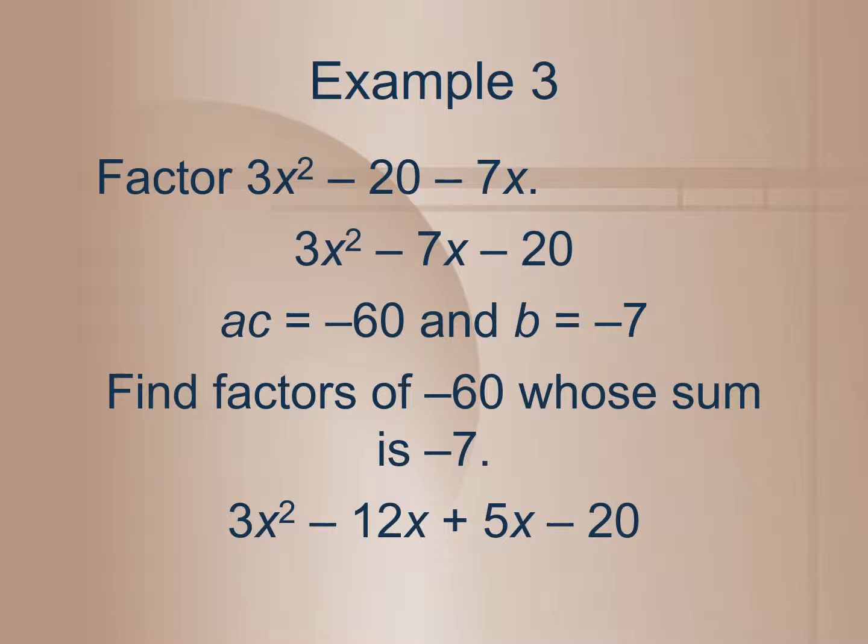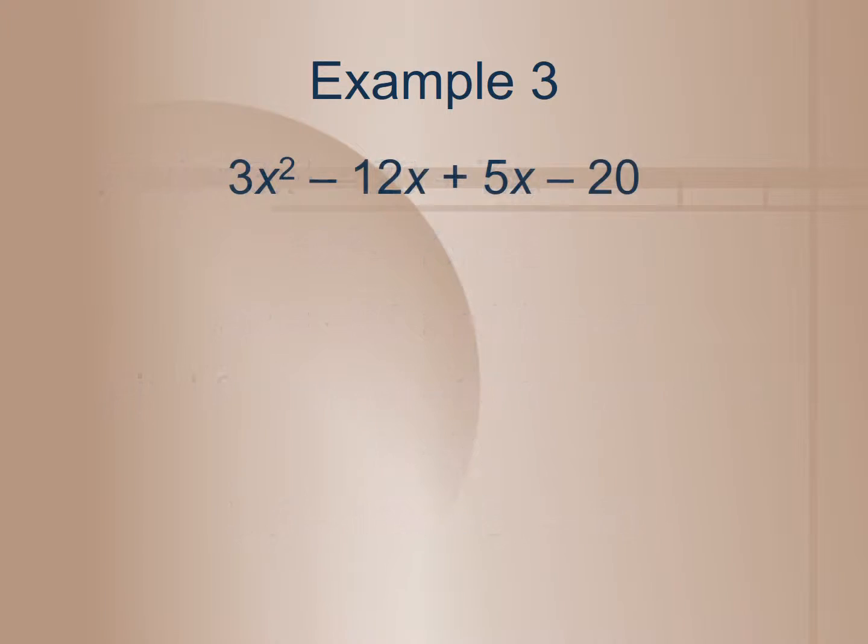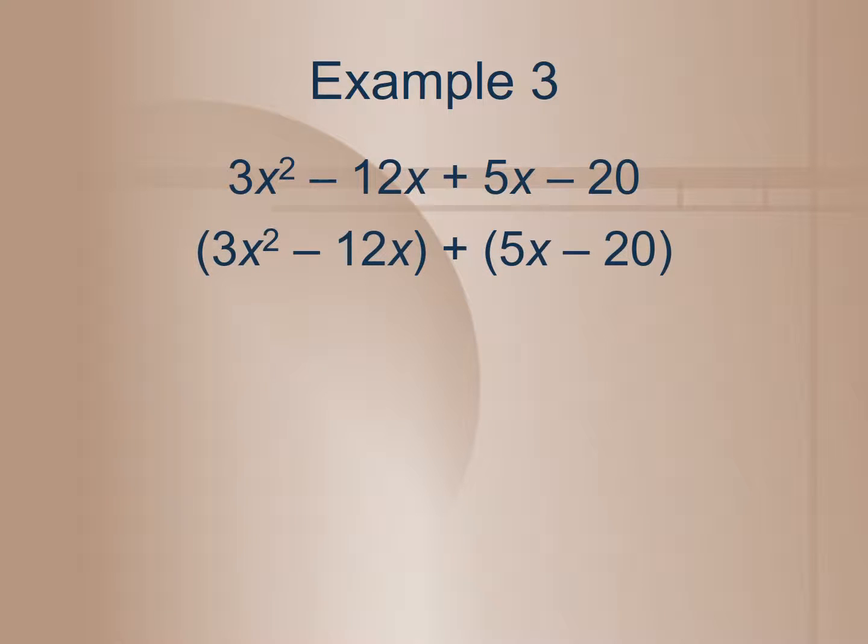Now that I have a 4-term polynomial, I'm going to separate it into groups. Once I have my 2 groups, I want to factor out my common monomial. In this first group, I can factor out a 3, and I can also factor out an x. So I have 3x, and I'm left with x minus 4.